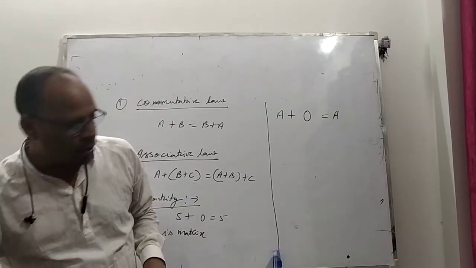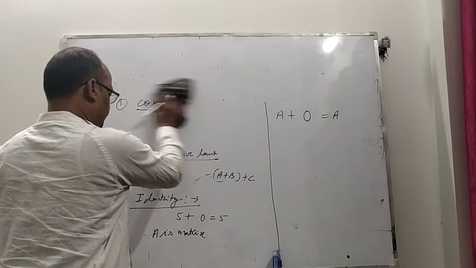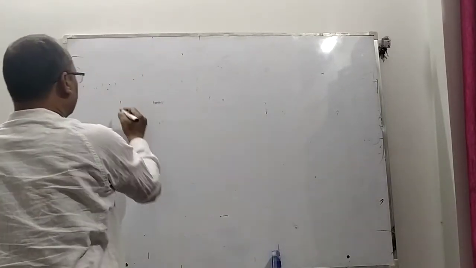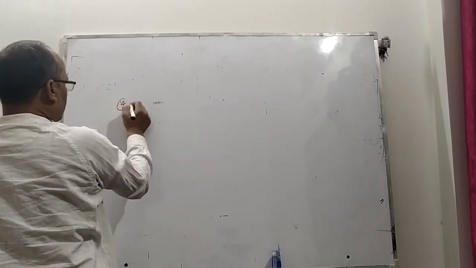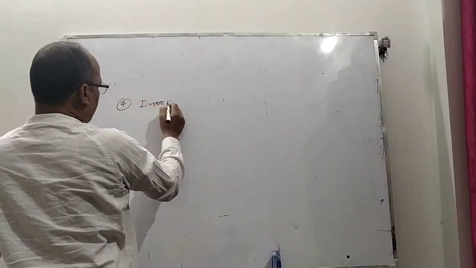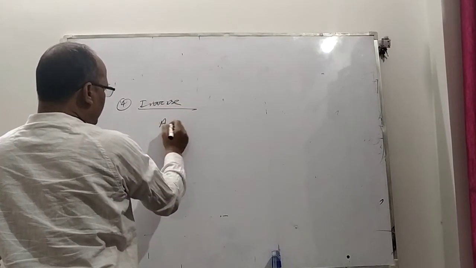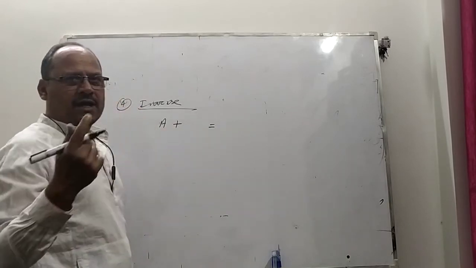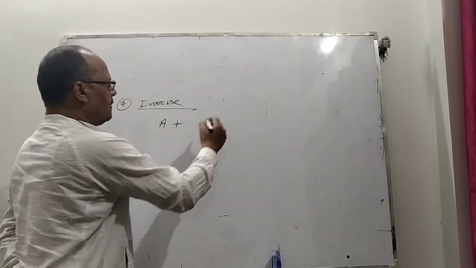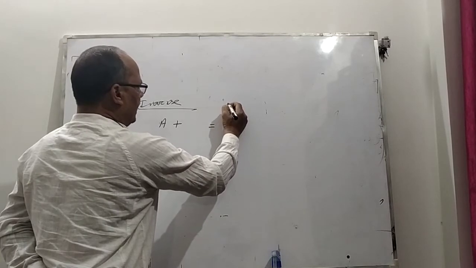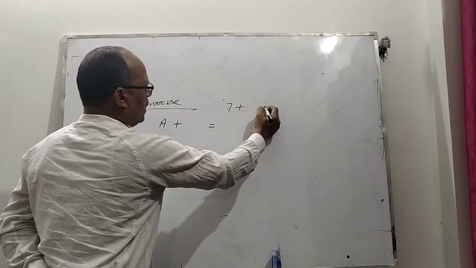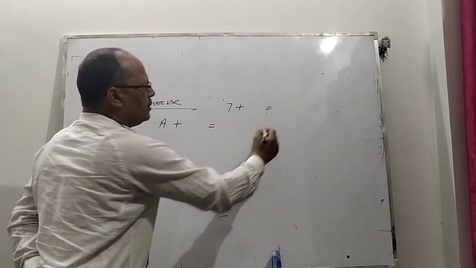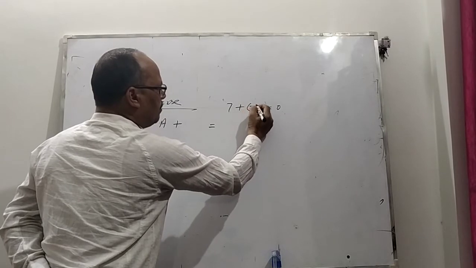Okay. Now we'll see the existence of the inverse, the fourth property. Just like for a numerical value, what you add to any number, say 7, to get the identity, which is the additive identity 0? You add -7.